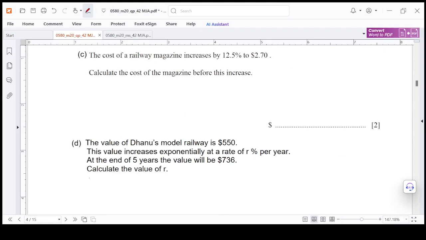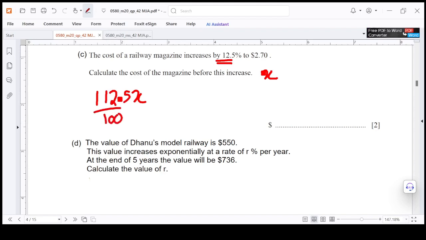The cost of a railway magazine increases by 12.5% to $2.7. Calculate the cost of the magazine before the increase. Let's say that was X. Now X got increased by 12.5%. So an increase of 12.5% means 112.5%.